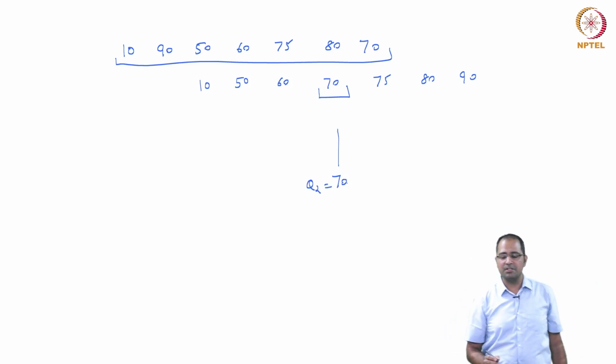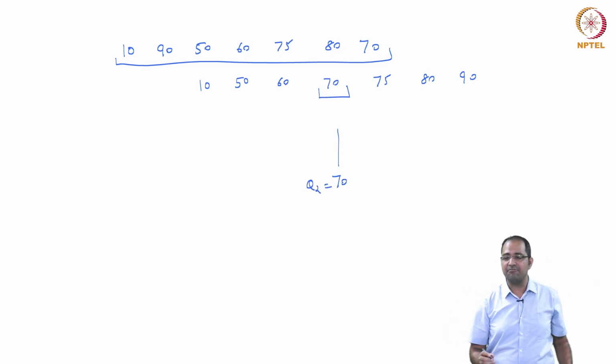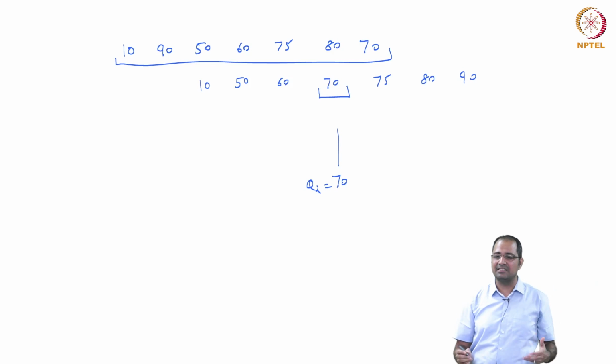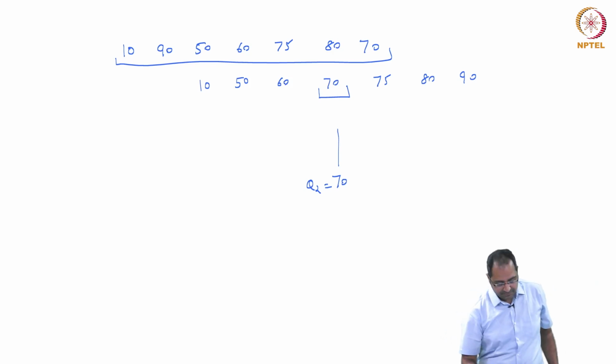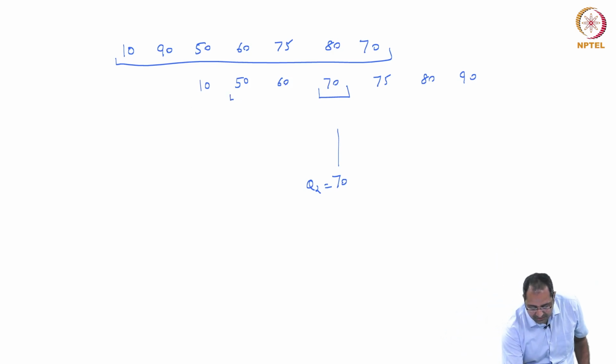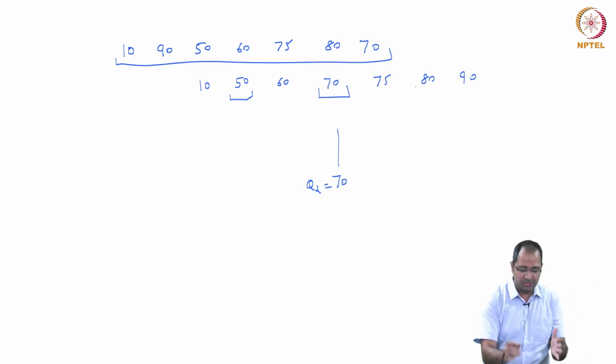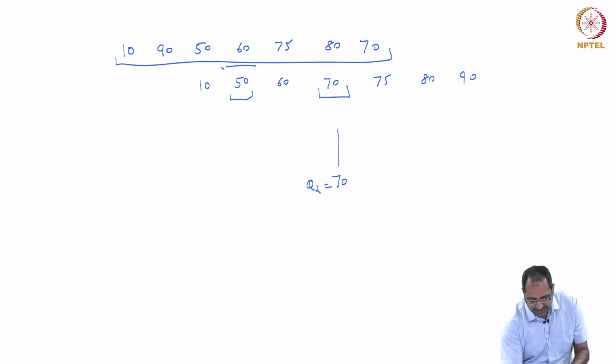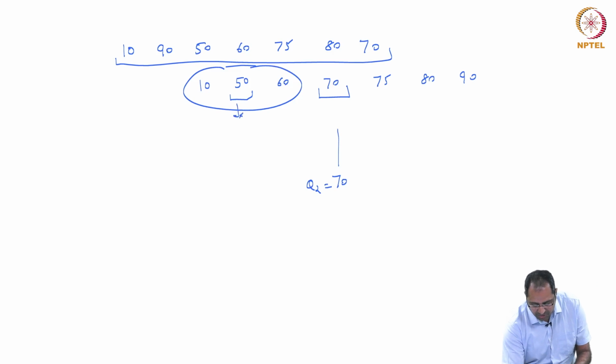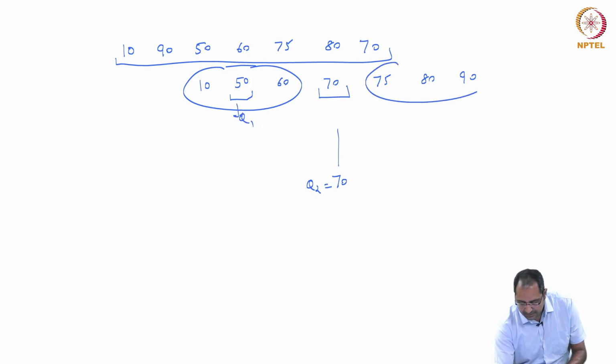Now what I will do is, I will look at the first quartile and the third quartile. So first quartile is 50, third quartile, which is central value of the values on the left, will give me first quartile. This is quartile 1, this is quartile 3.